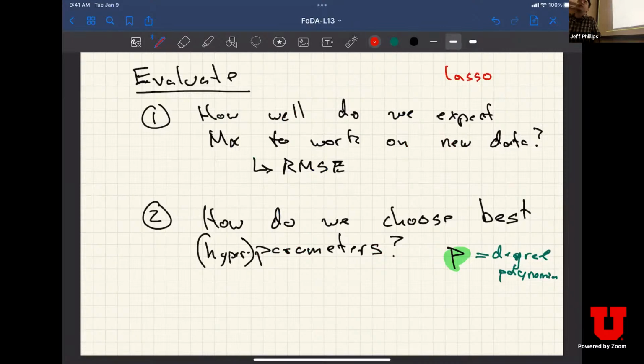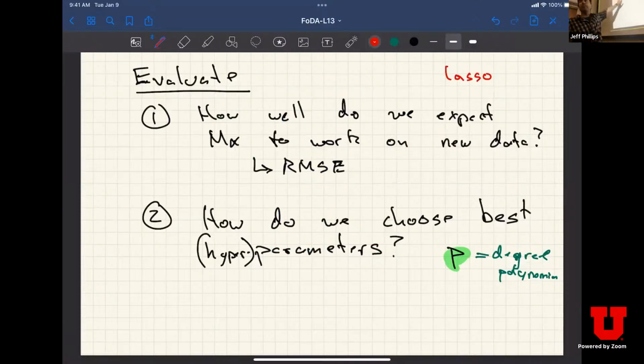Sometimes these are continuous, and then you have to do some tricky search, trying to find the right answer when it could be any continuous value. But we're going to focus on discrete values, like the degree of a polynomial. It can be up to the number of data points at most, but usually you'd put a cap. A degree 10 is pretty crazy. You very rarely want to use a degree 10 polynomial. So there are only about 1 through 10 different values you'd want to consider, and probably even less than that. Okay, so there are two things we want to do here.